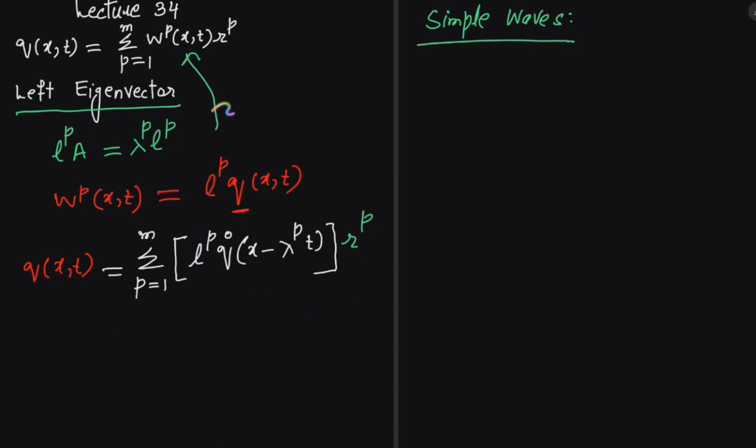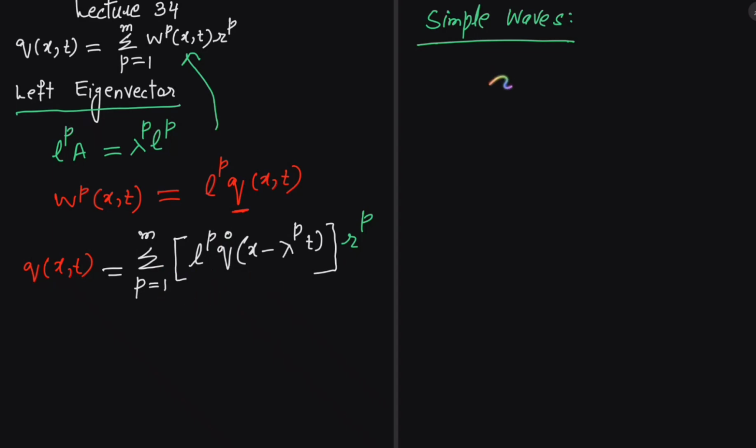It was just a connection where we utilized the left eigenvector with q_0 as a solution, and then we have the right eigenvector. From these m waves, all m waves are added together.